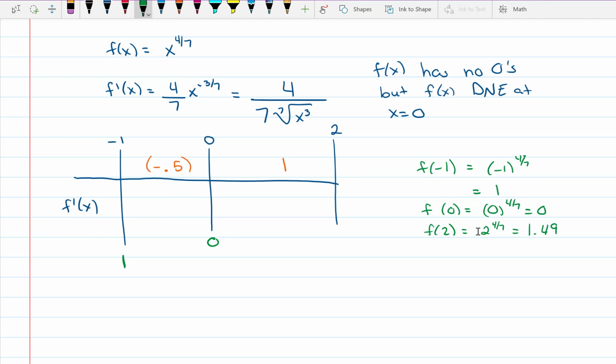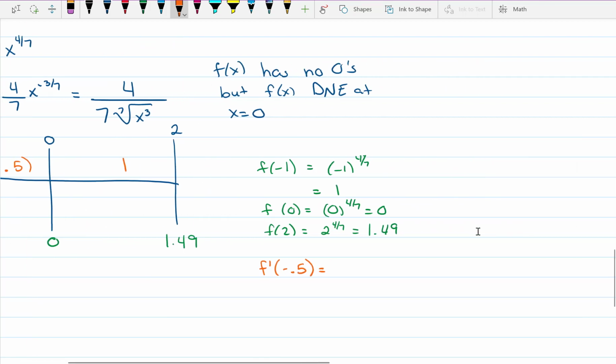I just plugged that in the calculator. So right away we can see that we have an absolute max at 2, which is 1.49, because it's bigger than f of -1. And it looks like we have an absolute min of 0 at 0. But to complete the sign chart, we need to find f prime of -0.5.